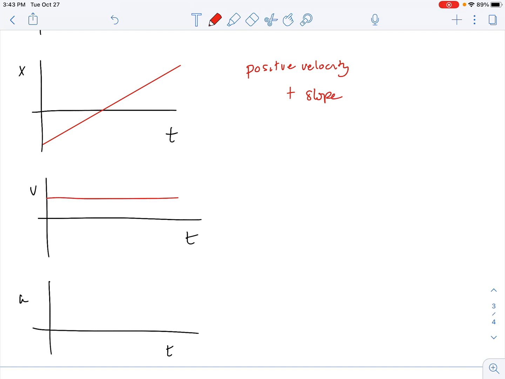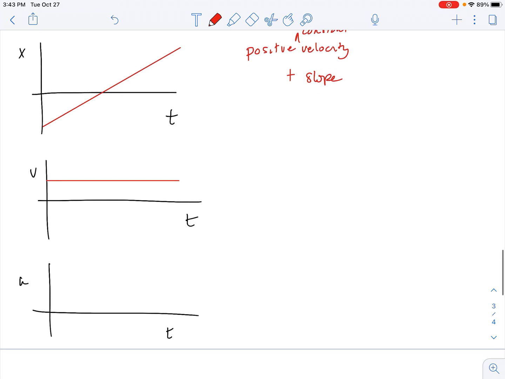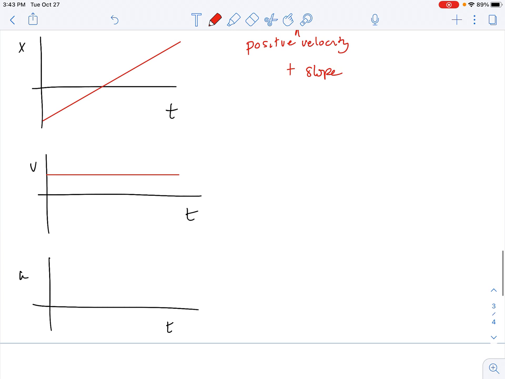When I would graph that, it would look something like this. It would be positive constant velocity, positive constant slope, and that's how it would look on the velocity time graph. Acceleration. The slope of a velocity time graph is acceleration, and the slope of this graph is 0. So my acceleration would be 0.